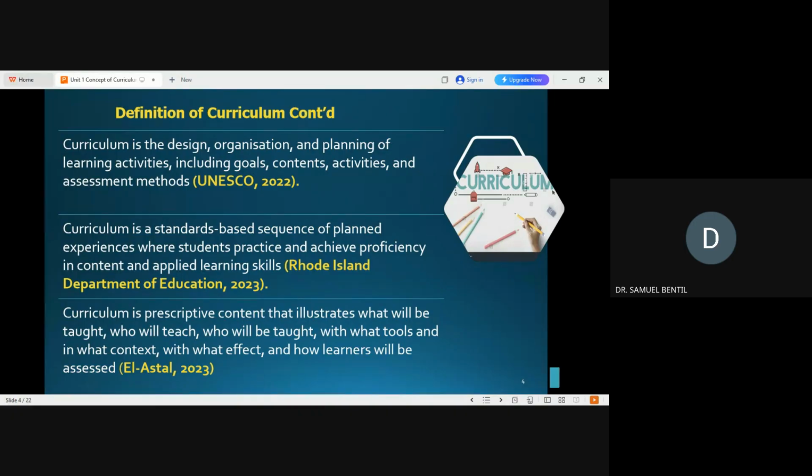UNESCO 2002 also has the view that curriculum is the design, organization, and planning of learning activities, which include goals, content, activities, and assessment methods. That is according to UNESCO. So there are others.